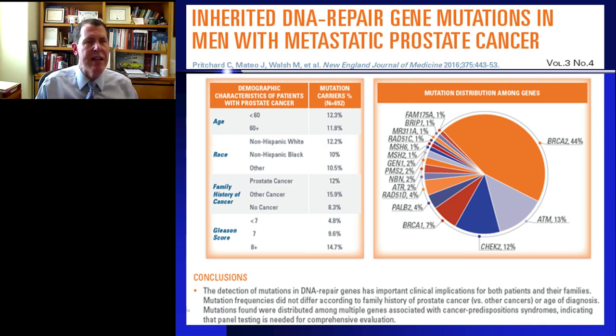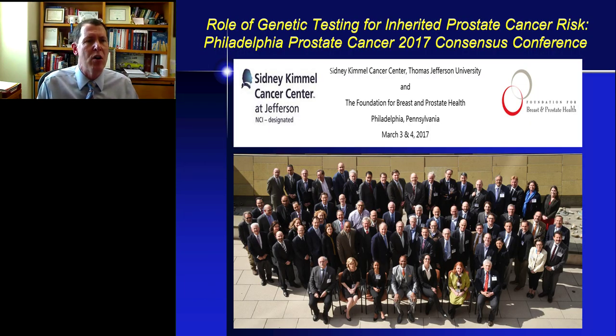Now, this is a slide that shows a picture of a consensus panel that was held in March of 2017, about a year ago, at my alma mater, Jefferson Medical College in Philadelphia. And I was blessed to be part of this panel. This was specifically convened to try to form the basis for what urologists, medical oncologists, and radiation oncologists should do with regard to hereditary cancer testing in the specific setting of prostate cancer or prostate disease.